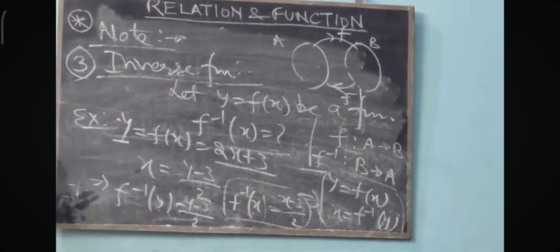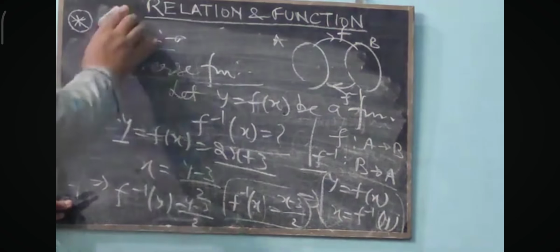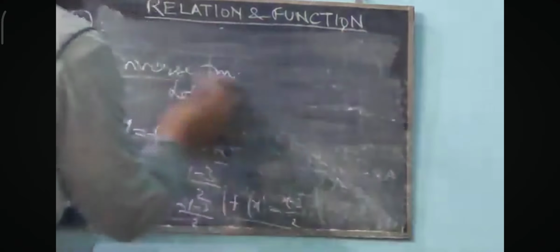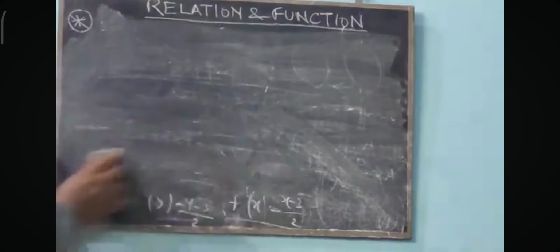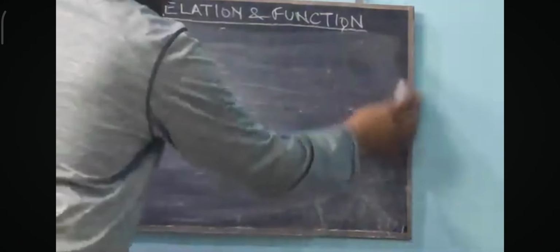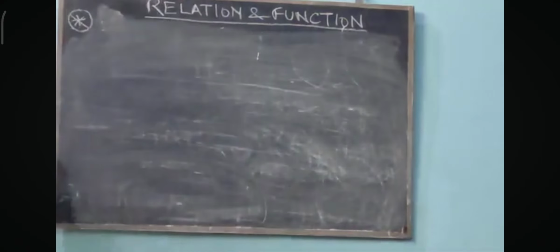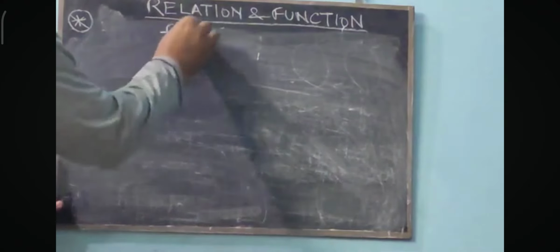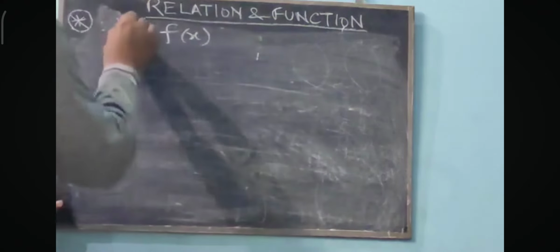Now we come to the last concept of this chapter. That is, students, sometimes in the 6 marks question of the board exam, your CBSE board exam, that always comes. A function f(x) will be given to you obviously.